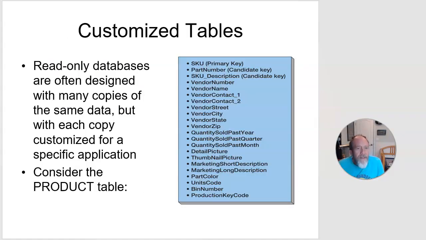So, the big deal about this, and I did put way too much information into this one here. You're going to have the same data showing up in a read-only database multiple places, because typically what you'll do is you'll have it targeted to the types of queries that you're going to run.